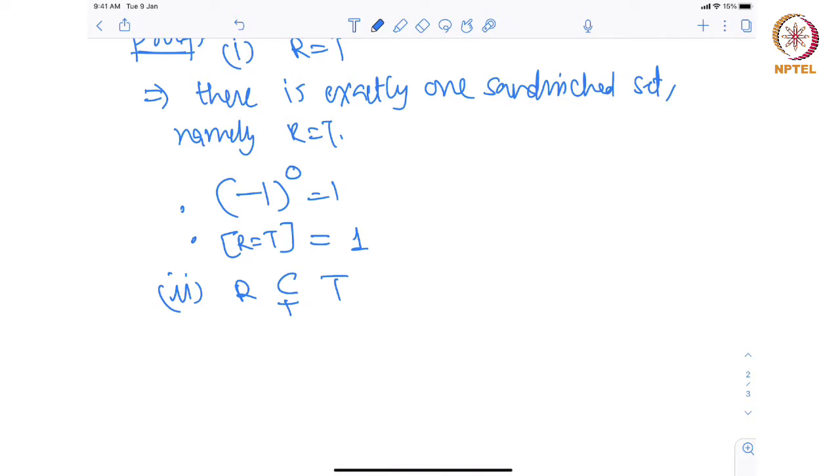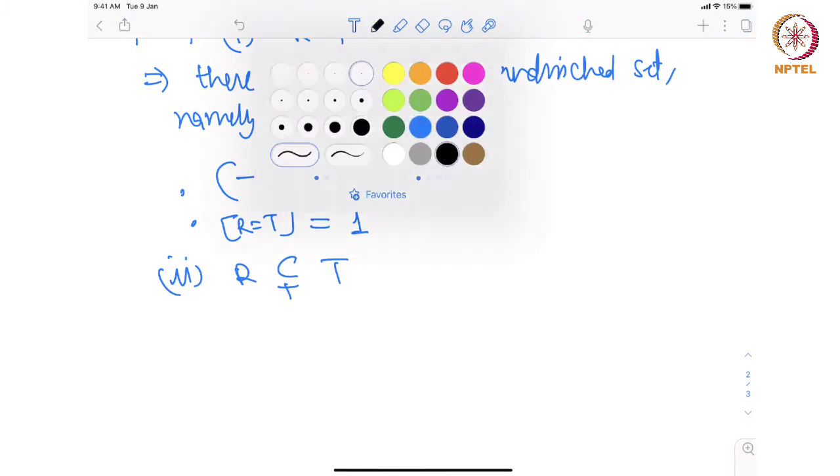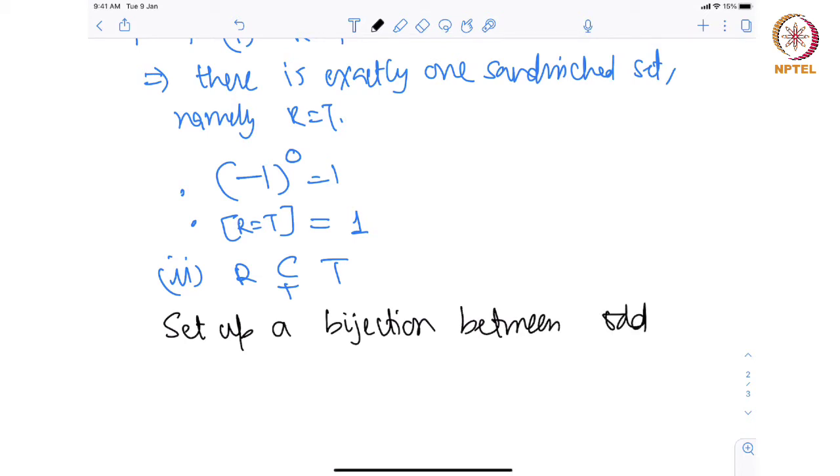So now what are we going to show? To show this, we are going to set up a bijection between odd and even sized subsets.